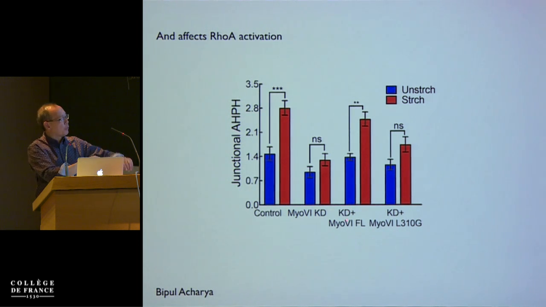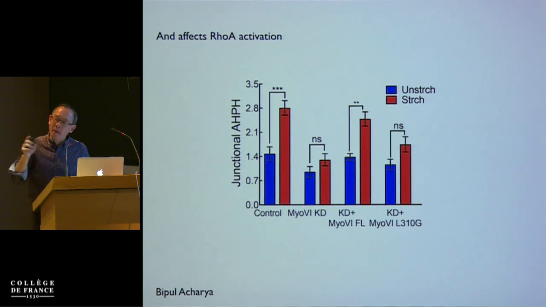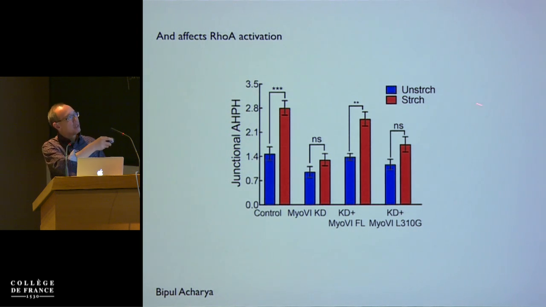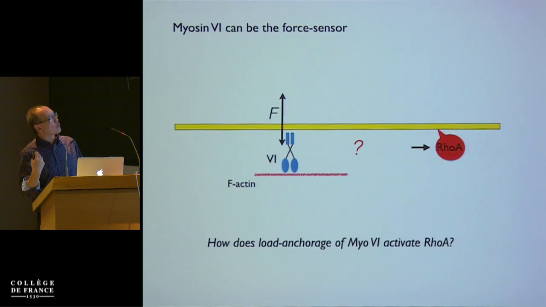You can restore it with full-length myosin 6. But if you reconstitute the knockdown with a mutant that's predicted to keep processive movement but be unable to anchor in response to force, then the ability of cells to increase Rho signaling is abolished. So that implies that that intrinsic force sensitivity of myosin 6 was relevant.